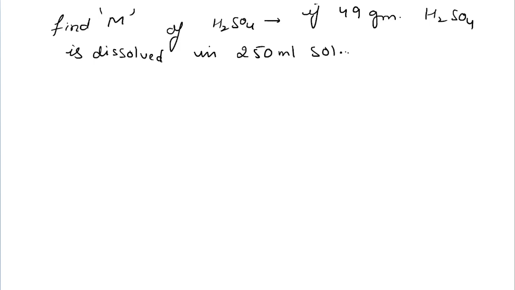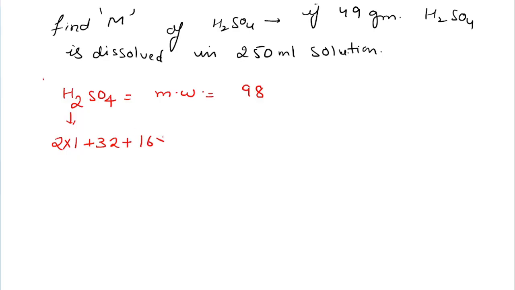Now see how we can solve this question. The solute is H2SO4. How can we determine the molecular weight? Hydrogen 1 into 2, plus sulfur 32, plus oxygen 16 into 4, and the total is 98. So the molecular weight of H2SO4 is 98.